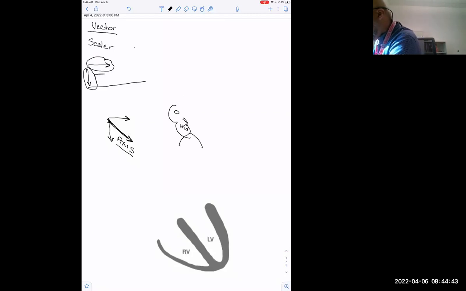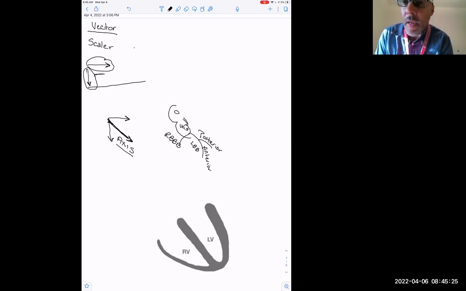Curiously enough, the right bundle branch has what's called a fascicle, one fascicle, and the left bundle branch has actually two fascicles. Those fascicles are called the anterior and posterior fascicle. Okay. Is everyone with me so far?